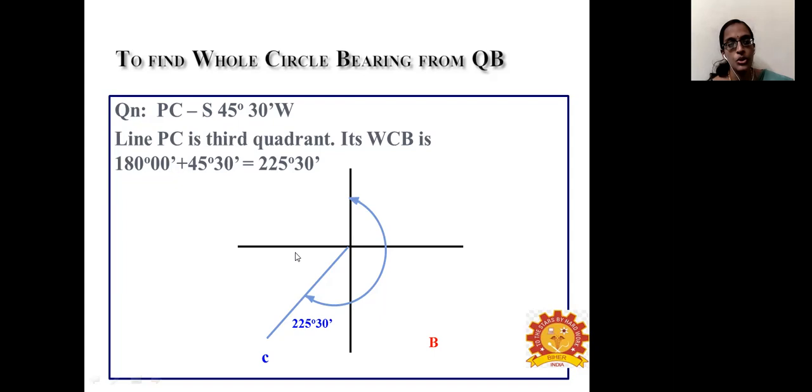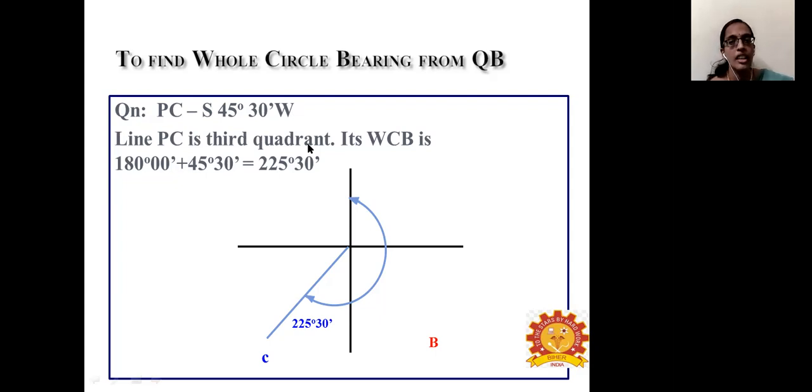So you have to take the total value around 270 degree, and you have to mention it as south and west. If you subtract this 270 degree, or else you can subtract it from 180 degree, you can get 45 degree and 30 minutes with respect to the south and west.